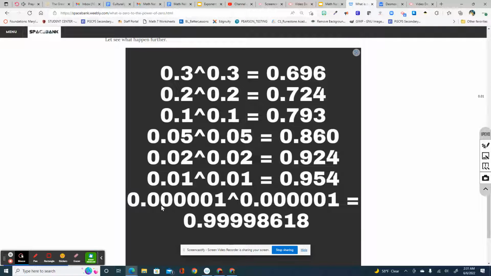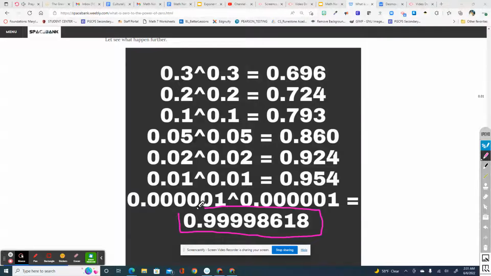As we get really, really close to 0, our answers are getting increasingly closer to 1. So that leads us to conclude that when we raise 0 to a power of 0, our answer is 1. So that's using a calculator.